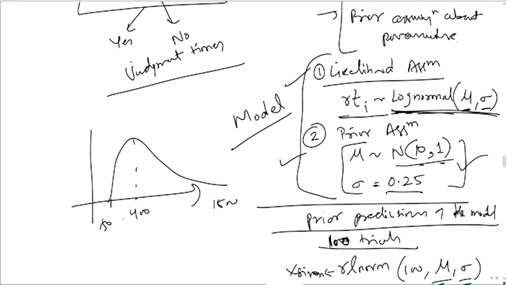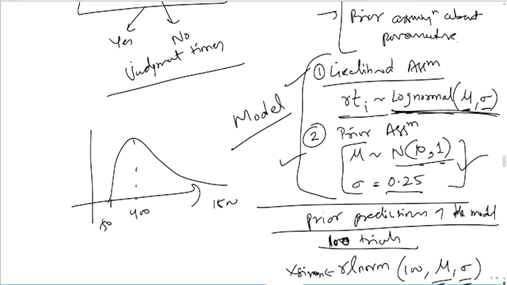So let's say this is the kind of data you might see in this experiment. It could be a bit off here and there, but that's the basic idea you have about your experiment. Now you can check whether your prior predictions look similar to what you are expecting.